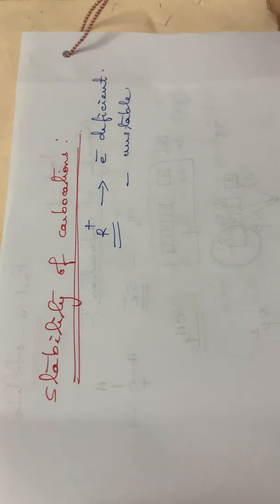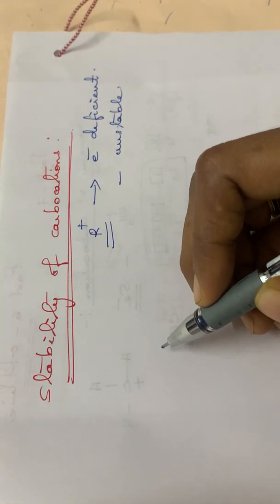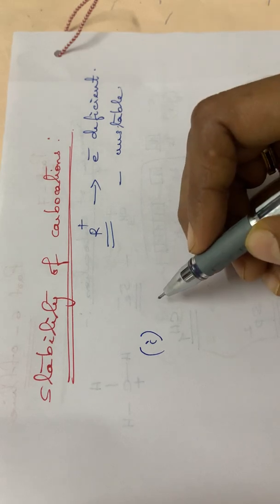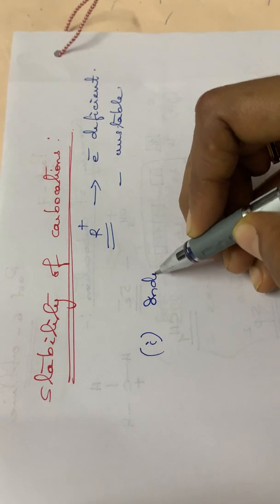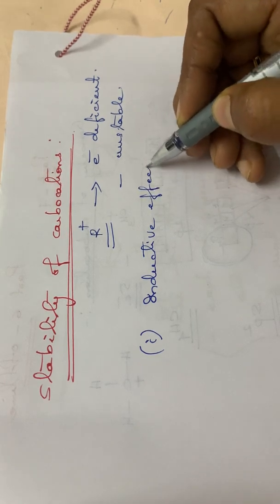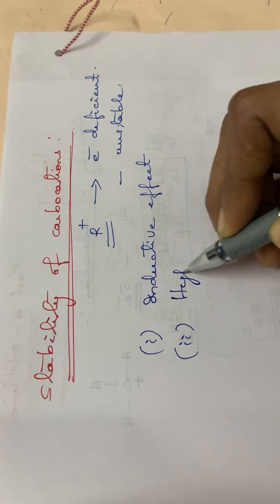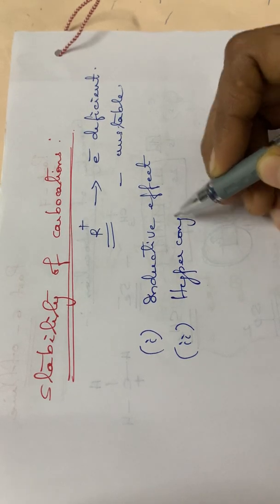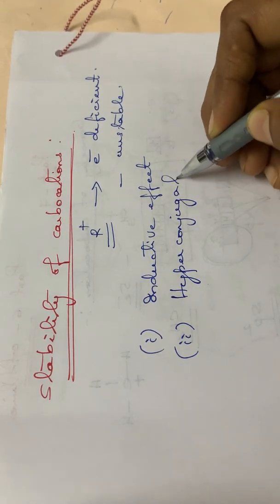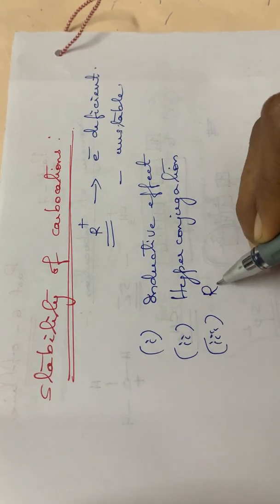The stability of carbocations can be explained in terms of three electron displacement effects. The first is the inductive effect, then hyperconjugation, and also resonance.